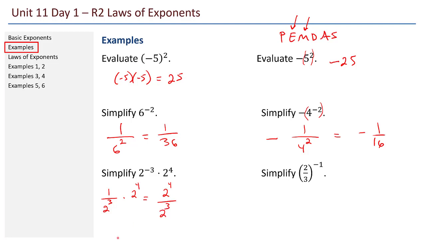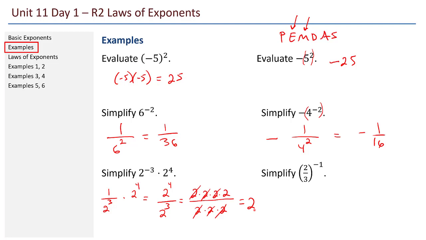Now there is some canceling that goes on here. On top, I really have 4 factors of 2, so 2 times 2 times 2 times 2. And on the bottom I have 3 factors of 2, 2 times 2 times 2. Common factors can cancel, 2 over 2, 2 over 2, 2 over 2. So I'm just left with 2.